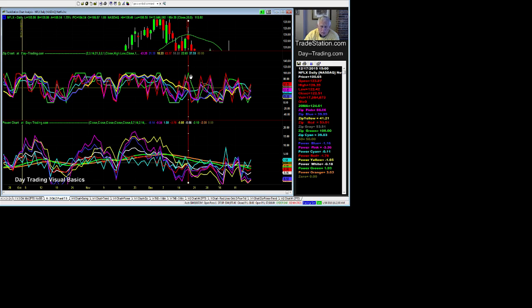You have a red green peak, which is a downtrend reversal pattern in the zip chart. And so again, you're going to watch the top on that and try to exit your long position. And in fact, because you're at a red green peak and you're in a downtrend, it's a great opportunity to go short. So that's the ideas behind the Zip Cyan.